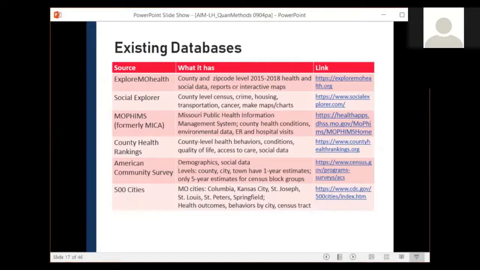This slide provides links to a few of the many databases that provide background and surveillance information. There's a lot on this slide, so it's a good one to go ahead and print and peruse later. These types of databases are especially useful for assessing community needs and justifying and planning programs.